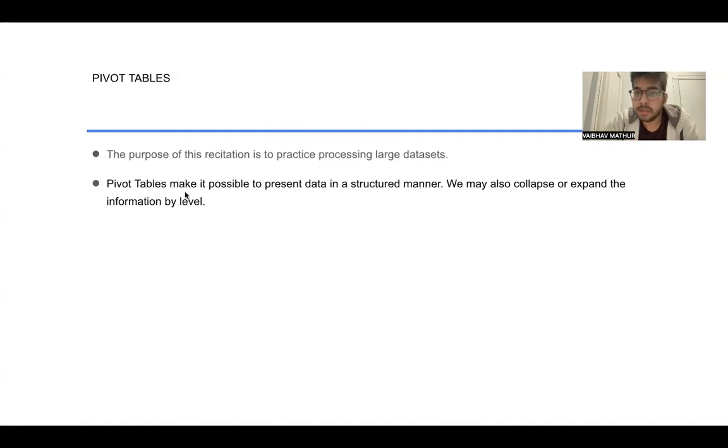The main purpose is to process large data sets to make sense of them. Let's say you were working in a company dealing with huge volumes of data, and the only tool you have at your disposal is Excel. These tables become really helpful for making sense of the data because they provide your data in a structured manner, and the main use is querying.